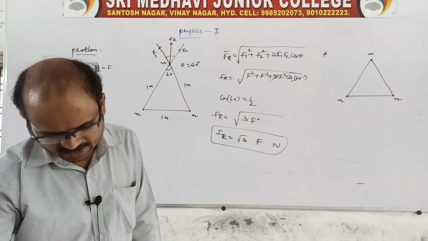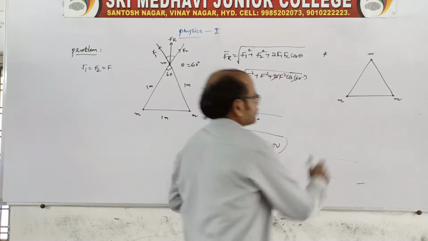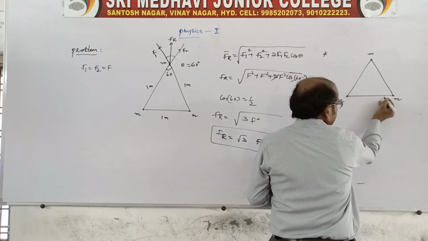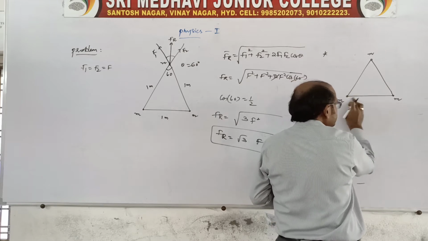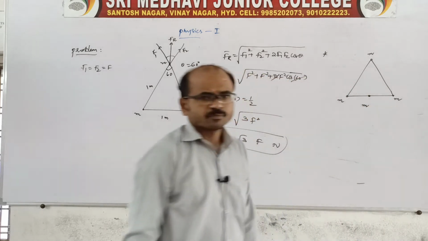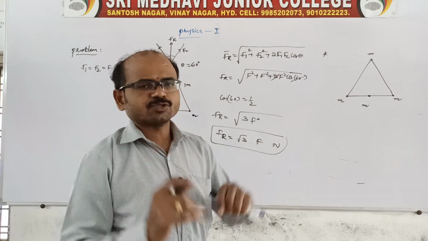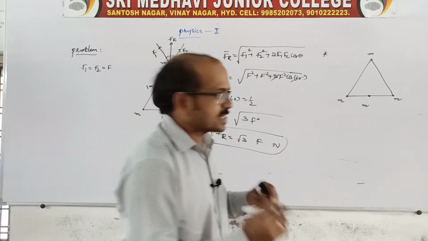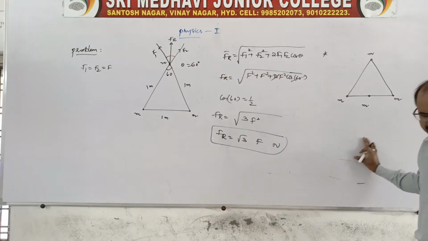The fourth particle of mass is kept at the midpoint of the line joining, between these two, or between these two, or between these two. Between the line joining the two particles, a fourth particle is placed. Of course, the fourth is also identical, but it is placed on the line joining the two particles. Now it is asking to find the resultant force. This is also very simple.